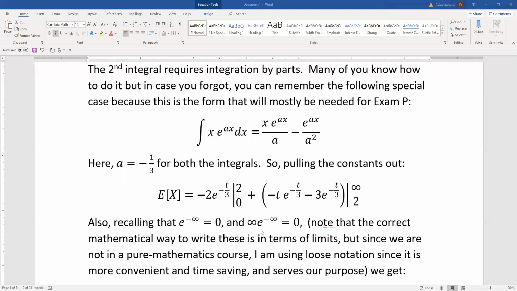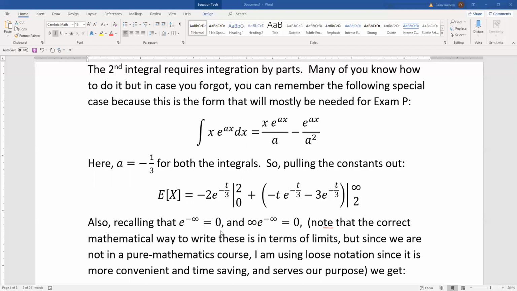But I'm being loose in my notation because it takes a lot more time to write it in the correct form, and we don't really need to, since this is not a pure math course. So I'm loose with my notation in order to save time, and that serves our purpose very adequately.